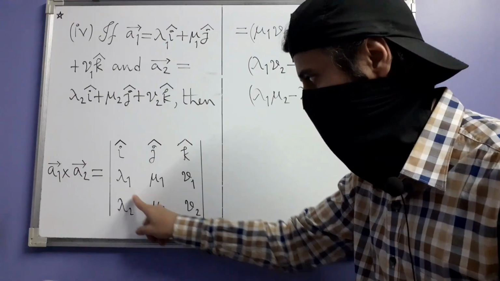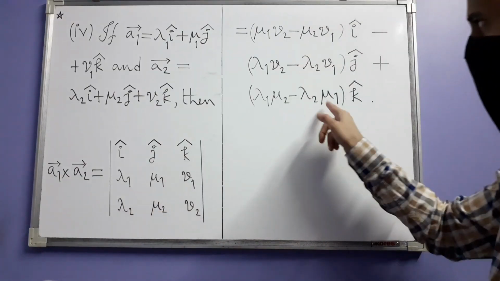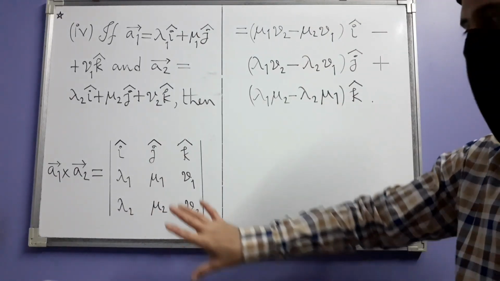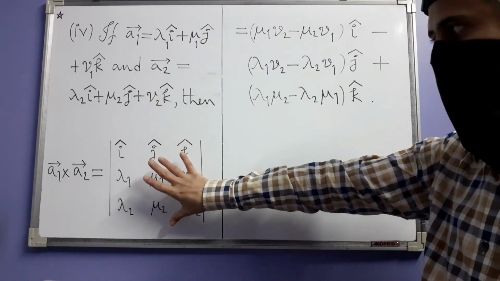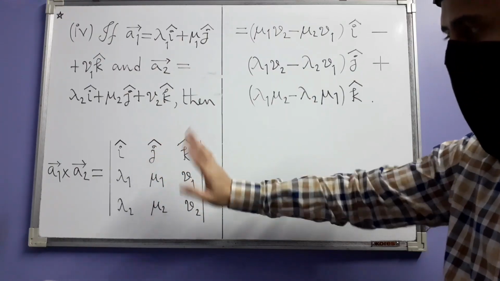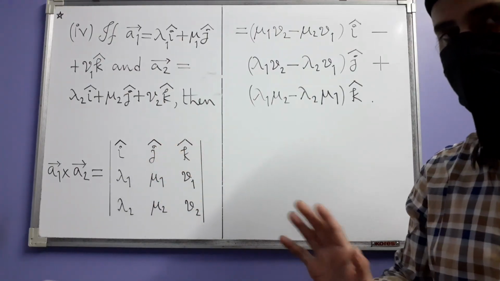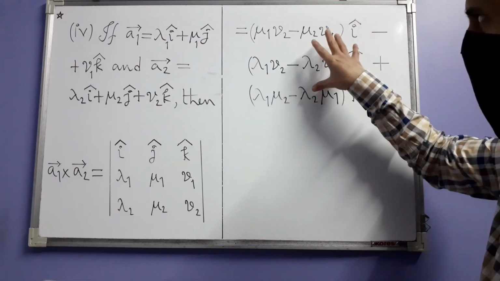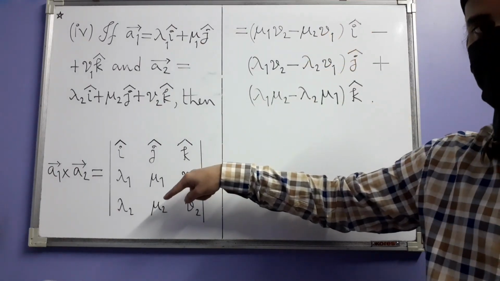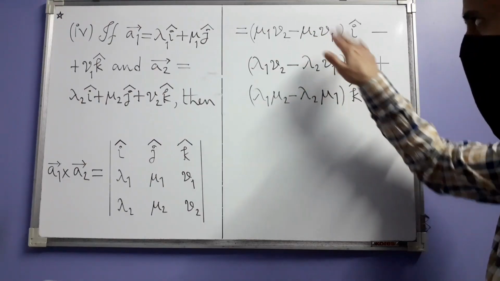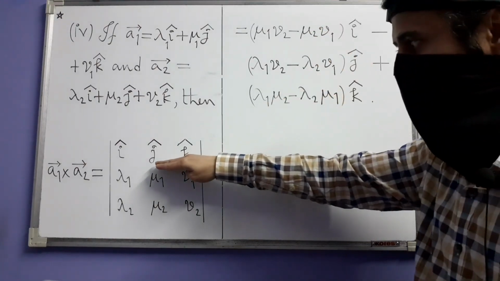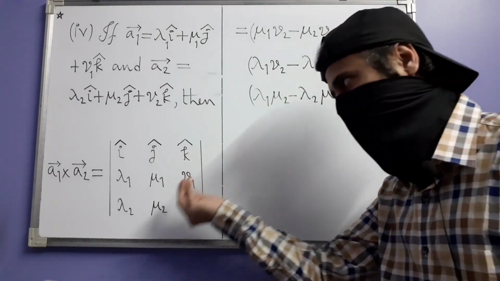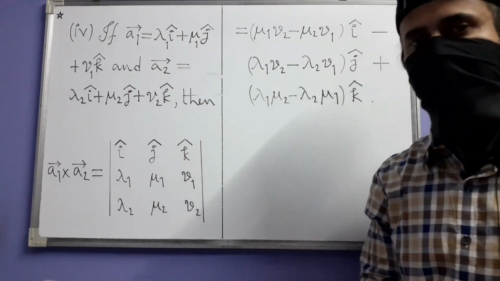So that way you get lambda 1 mu 2 minus lambda 2 mu 1. This is only a memory aid in the sense that it is not a determinant in the ordinary sense, but because it follows this pattern, and it's difficult to remember this, whereas it's much easier to remember this, we write it like this. That's all.